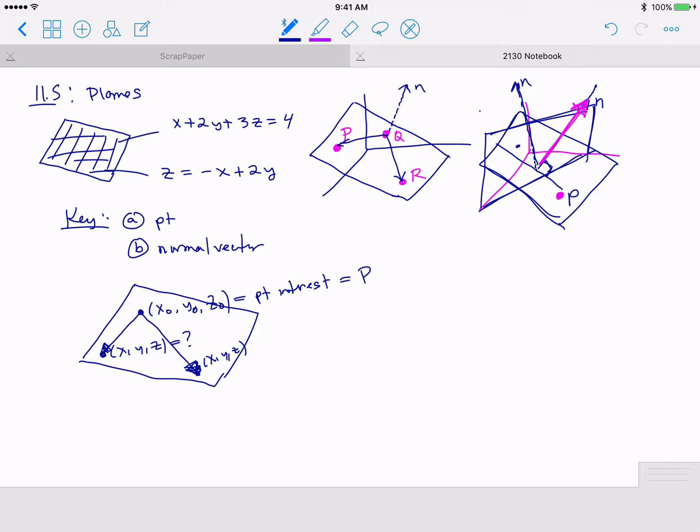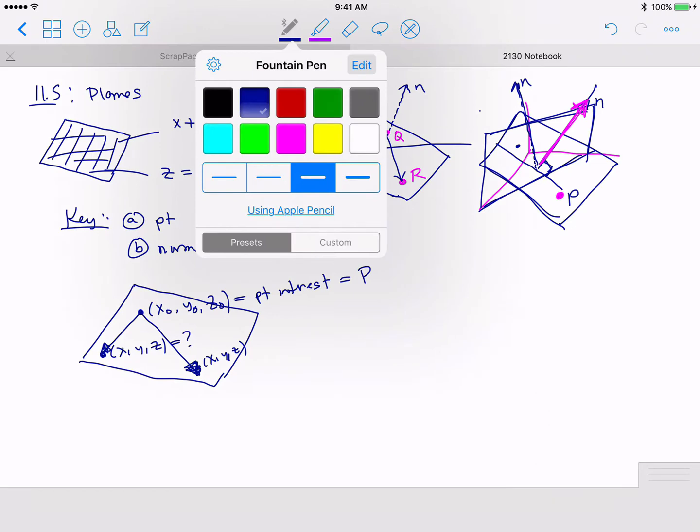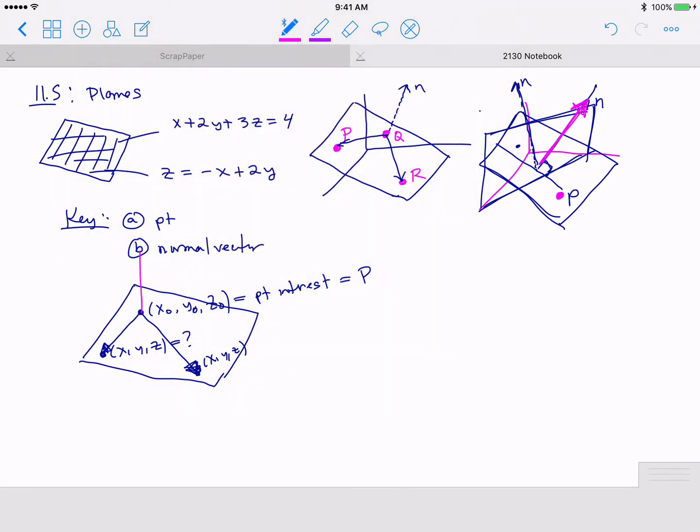So here are 2 vectors. Why are those vectors in the plane? They're in the plane because here would be a normal vector, and the 2 vectors that are in the plane are perpendicular to some normal vector.